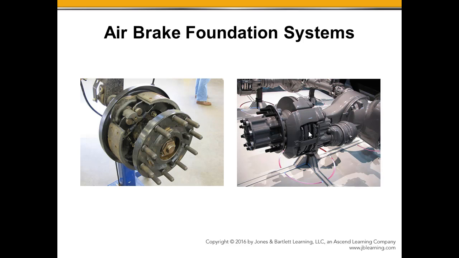On the right is the disc brake. We've got the disc turning through the middle of our caliper here, and the brake pads are forced into the rotor, creating the friction and slowing the truck down.